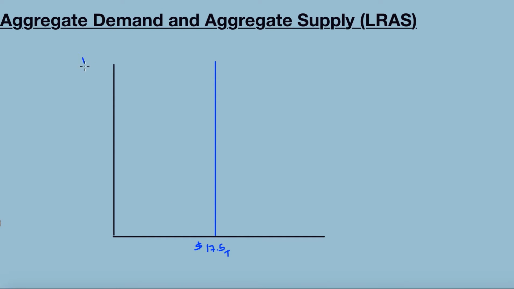This is our price level, this is our real GDP, and this is our long-run aggregate supply curve. In a minute, we'll look at what happens when the long-run aggregate supply curve is not intersecting at the same point where the short-run aggregate supply curve and the aggregate demand curve intersect, when we have an overheating or an underperforming economy. But right now, let's look at what causes the long-run aggregate supply curve to shift to the right.